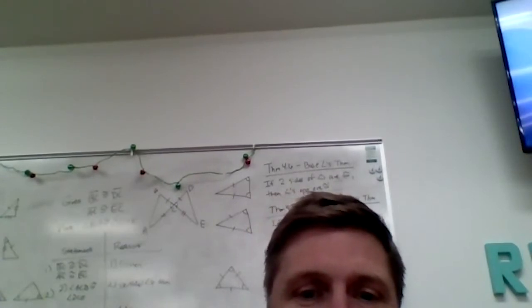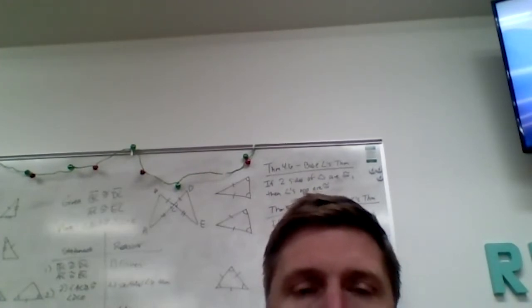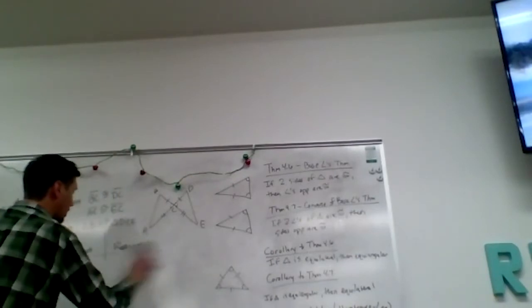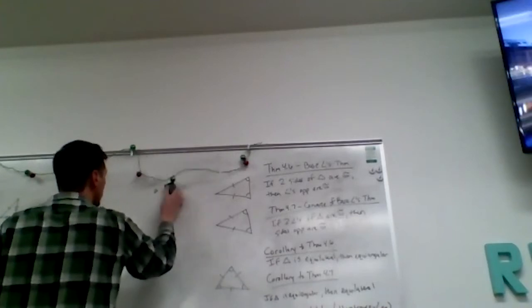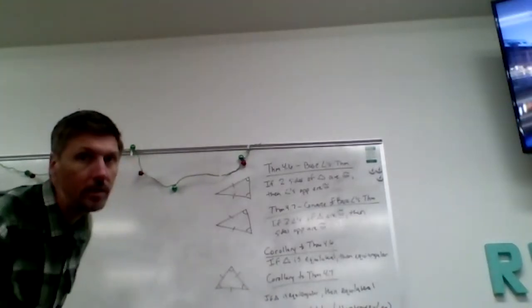All right. Okay, here's an interesting one. I'm going to just draw this instead of putting it up there and see if you guys can tell me what the missing pieces are. Jingle bells, jingle all the way.